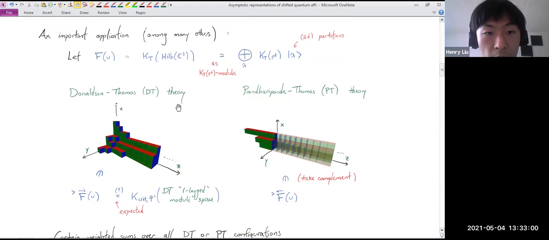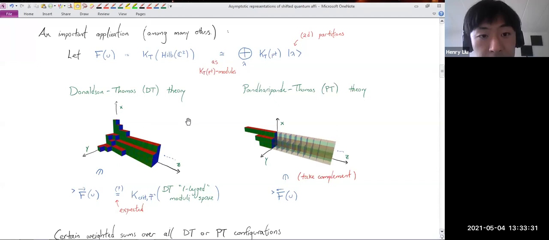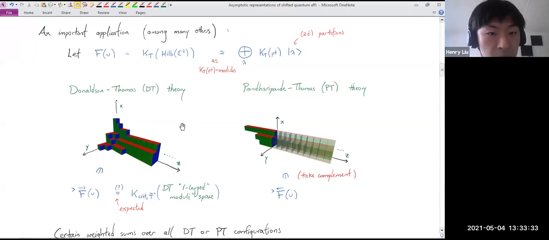And there's an enumerative theory of curves inside threefolds due to Donaldson and also to Thomas. And here maybe is not the best time for me to give a recap of what DT theory is about, but suffice it to say that in DT theory, a primary focus is to count certain configurations of 2D partitions.